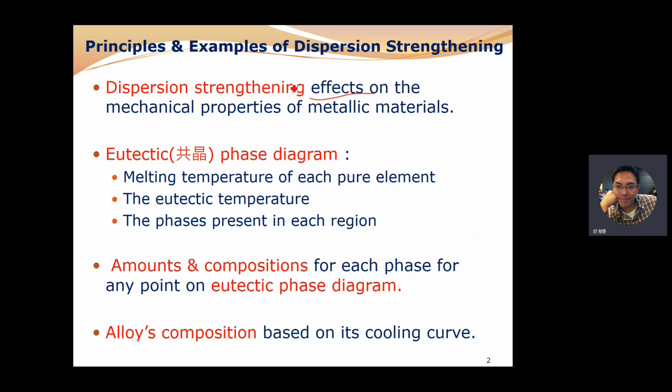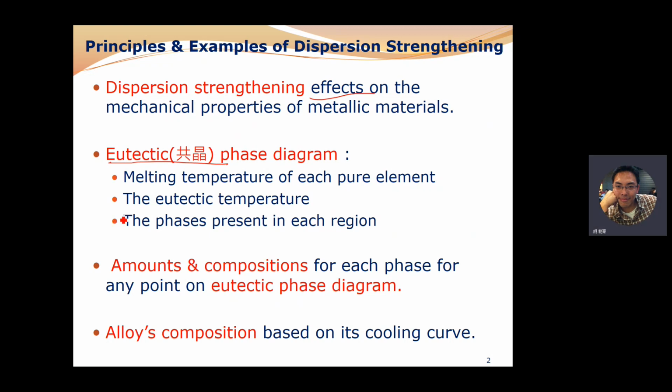And how can we find the melting temperature, the phase transformation, and the composition at the eutectic on the phase diagram? If I provide you a phase diagram, can you tell me which point, which reaction, or which composition is the eutectic reaction?